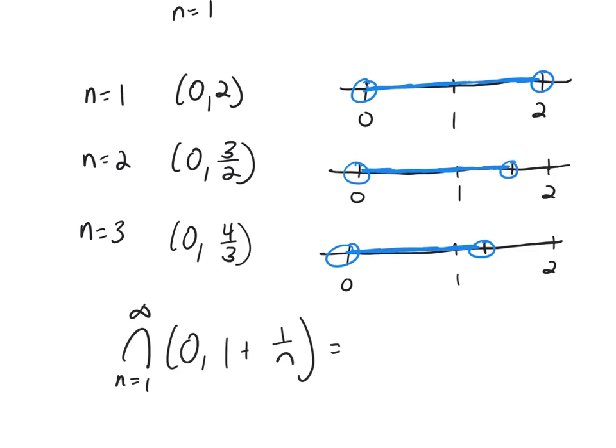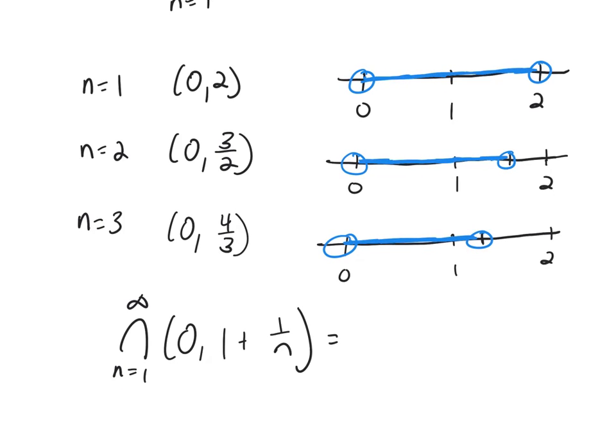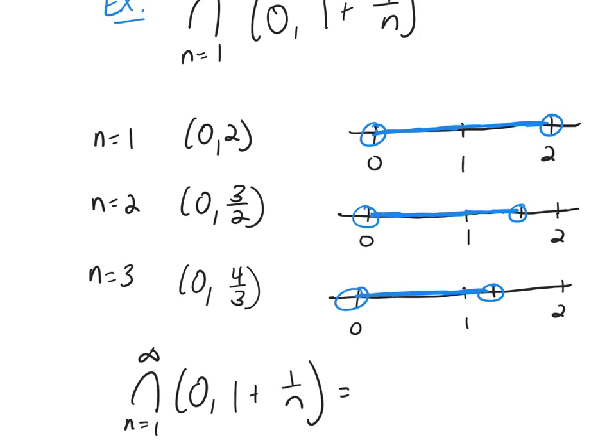Well, what does it look like is happening here? It looks like my interval always starts at 0. And what's happening is the other end, the part on the right, is being pushed from 2 towards 1.